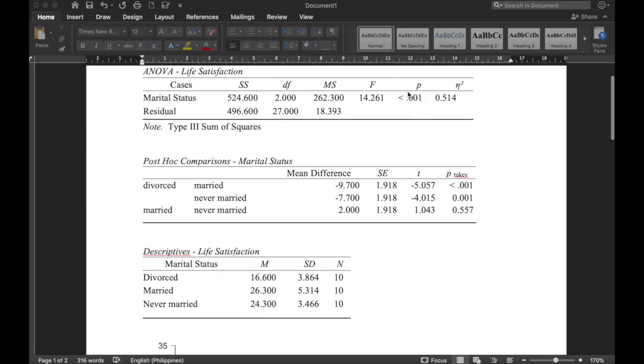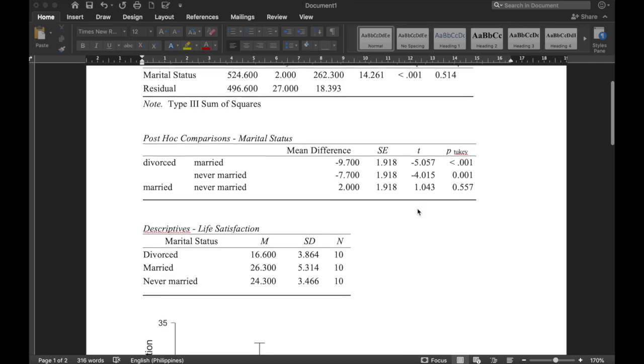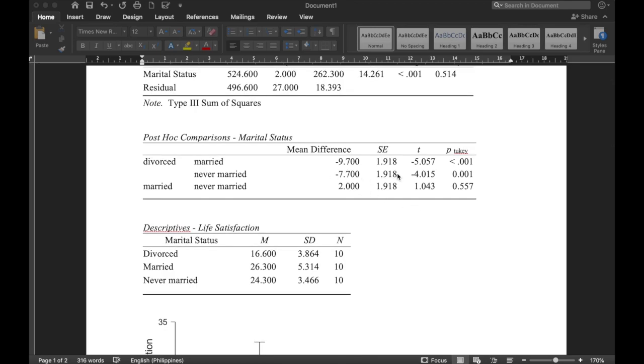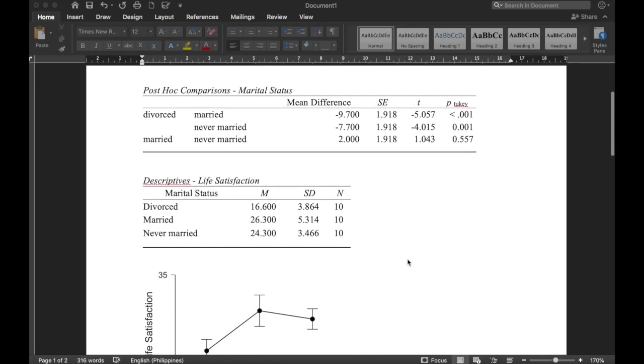We have a significant p-value for our ANOVA, which means that there is a systematic variation. We run our post hoc test, and we find difference in the life satisfaction between divorced and married, as well as divorced and never married, but there is no statistical difference in the life satisfaction of those who are married and never married.